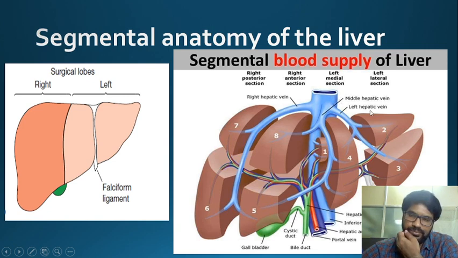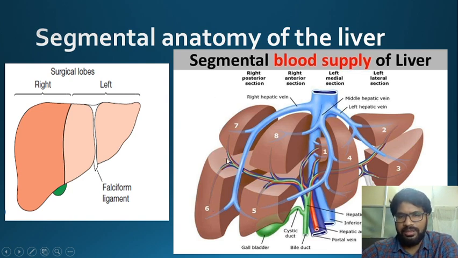Each portal sector consists of 1 or 2 segments. The biliary radicles and vascular biliary sheaths divide each sector into segments.